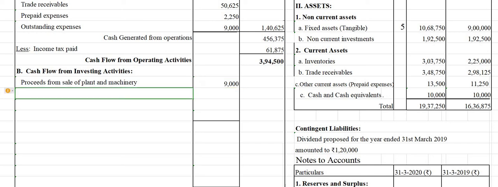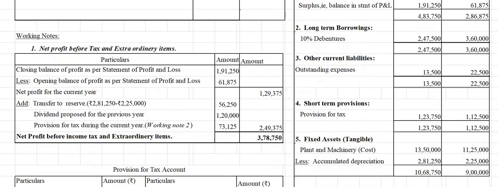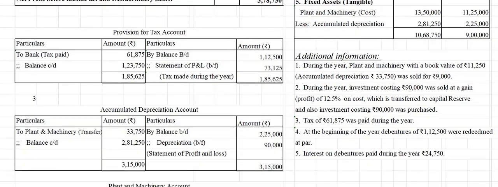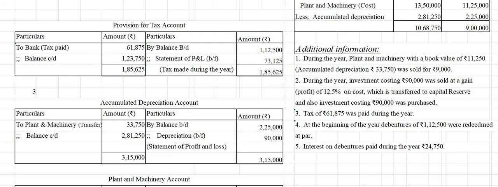Then after that, is there any other sale proceeds? Yes, it is there. Here it is given that during the year investment costing 90,000 was sold at a gain of 12.5%. Its cost price was 90,000, and it is sold at 12.5% on cost.